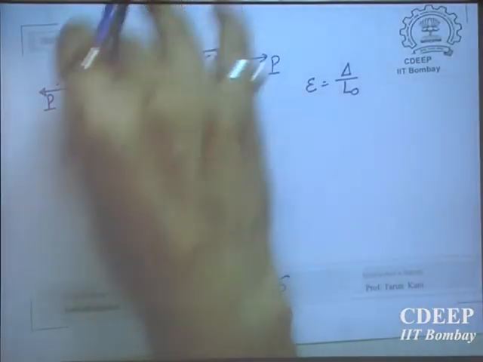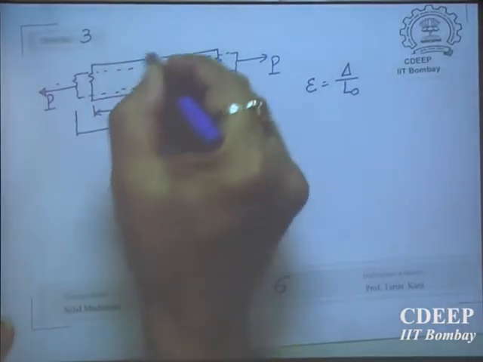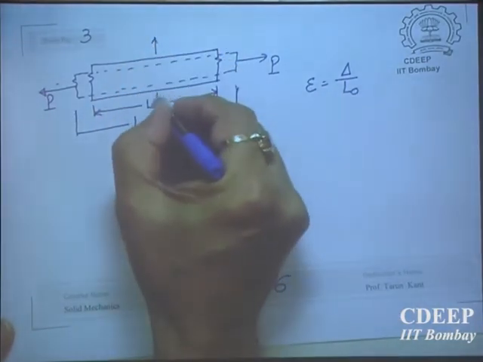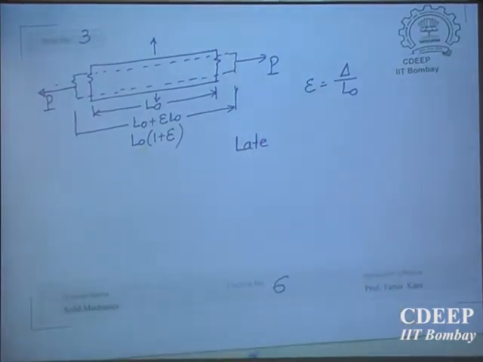But then the cross sectional dimension, the width, was also there, and now that has reduced. So there is a change in the cross sectional dimension also. So we can now bring in the concept of longitudinal strain and lateral strain. Lateral means the direction perpendicular to the applied load. If the applied load is in this direction, lateral strain is perpendicular to that.